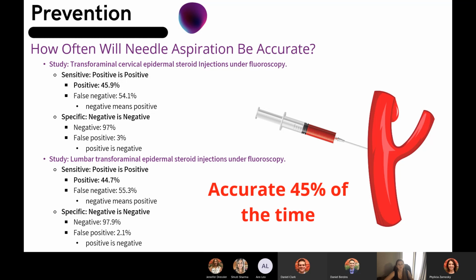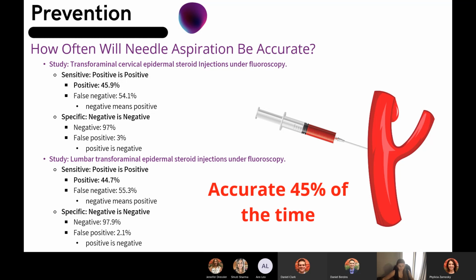That means that more than half the time a needle aspiration was done, you get a false negative. Another study looked at a lumbar transforaminal epidural steroid injection under fluoroscopy as well, which showed a flash in the hub 44.7% of the time the needle was intravascular.